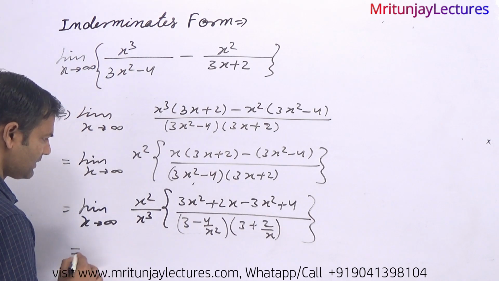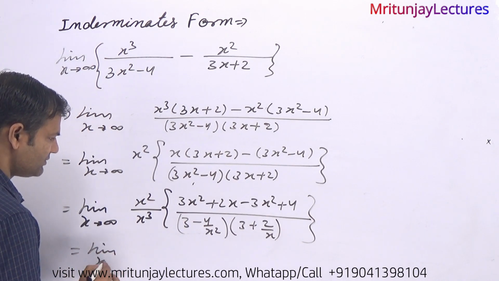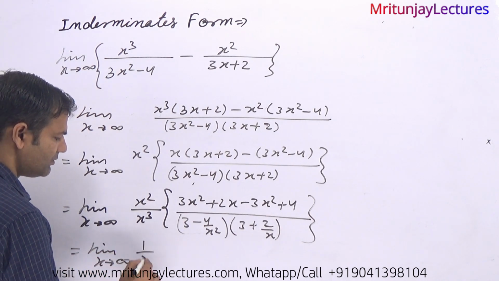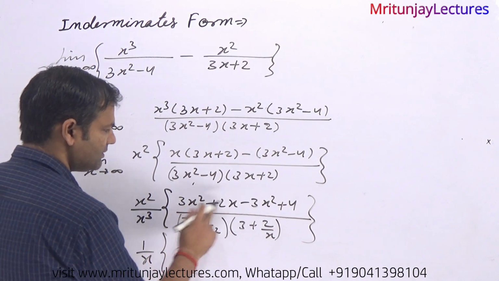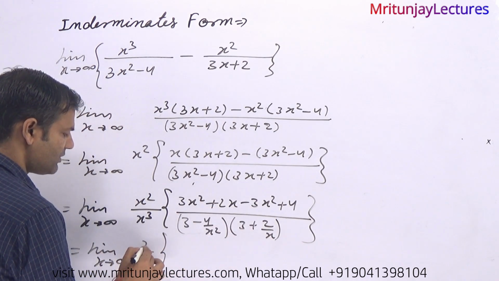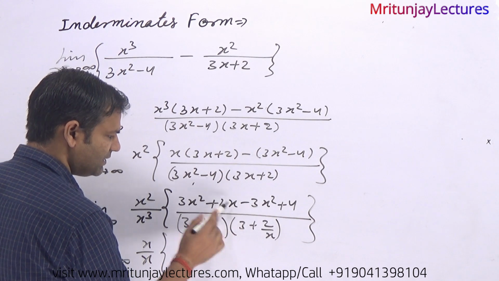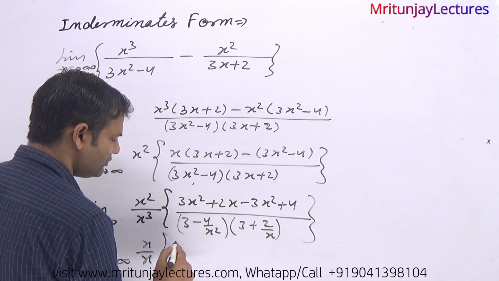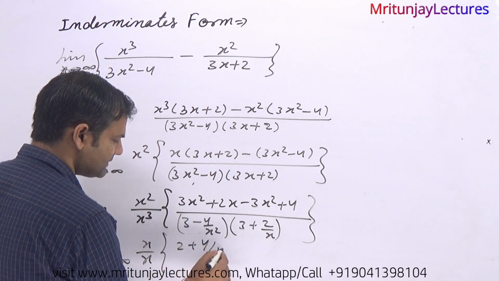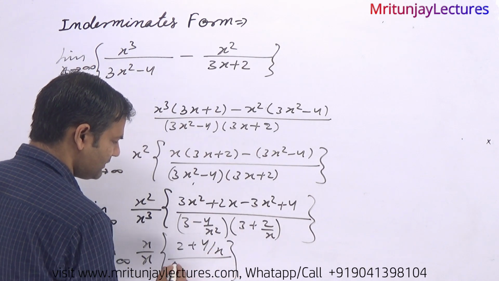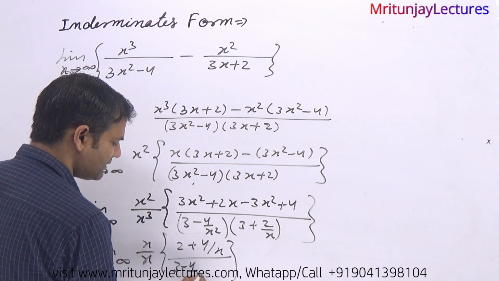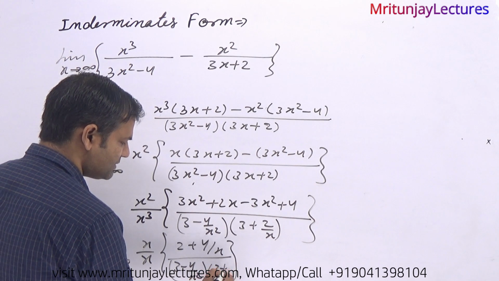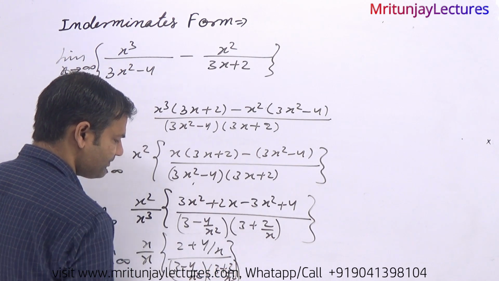Now limit x tends to infinity, 1 by x, the highest power is 1, only x, so 2 plus 4 by x whole divided by 3 minus 4 by x square into 3 plus 2 by x square.